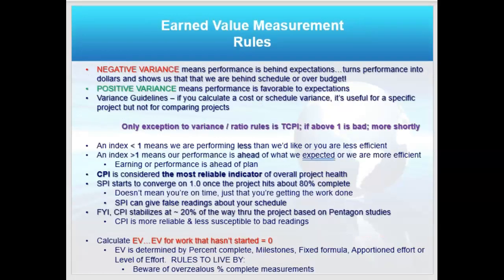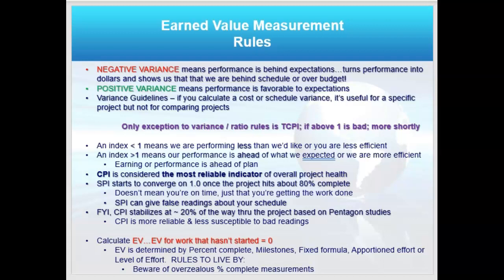Earned value, there are some general rules. If I have a negative variance, it's bad. If I have a positive variance, it's generally favorable, right? If I have an index less than 1, it's bad. If I have an index greater than 1, it's generally considered good.